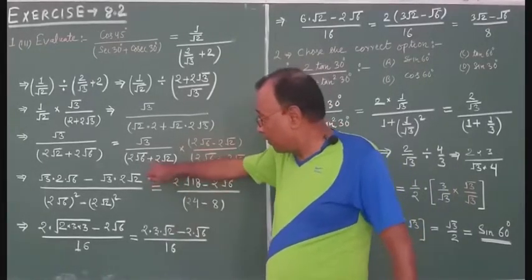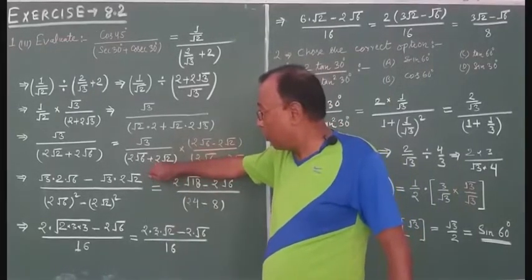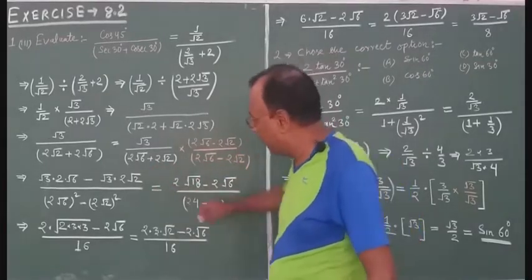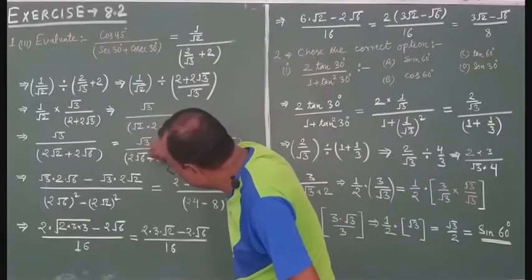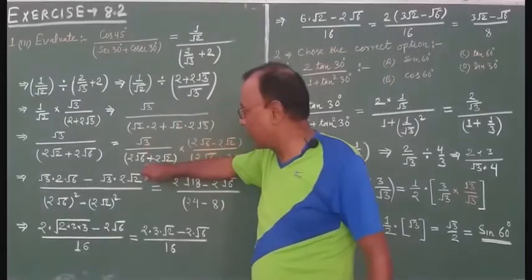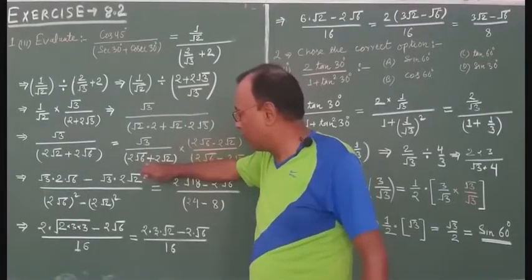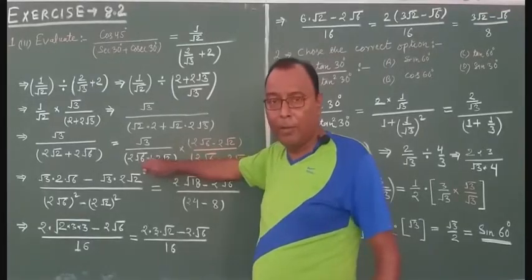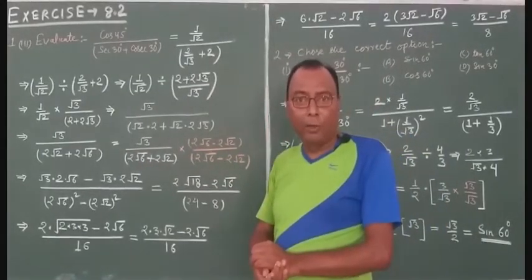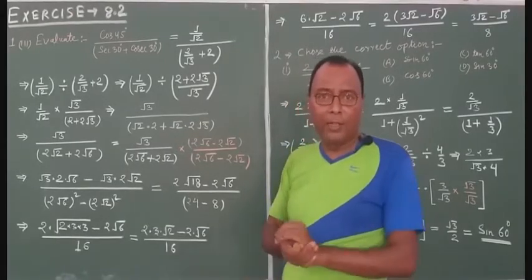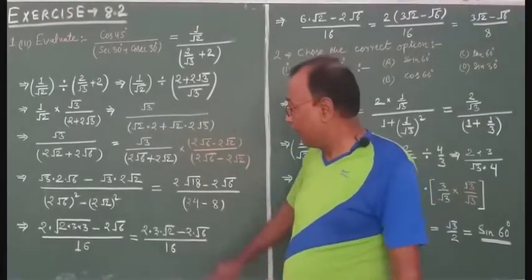What will be the rationalizing factor of the denominator? We will put simply a minus symbol here, and we will multiply by that rationalizing factor in the numerator as well as in the denominator.